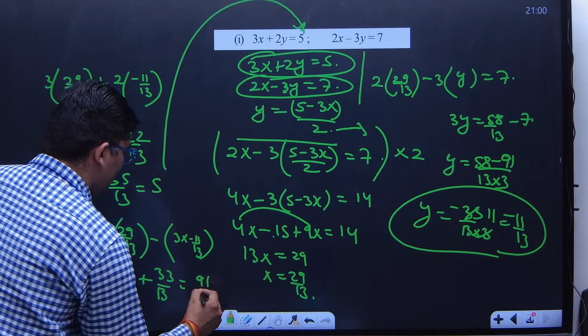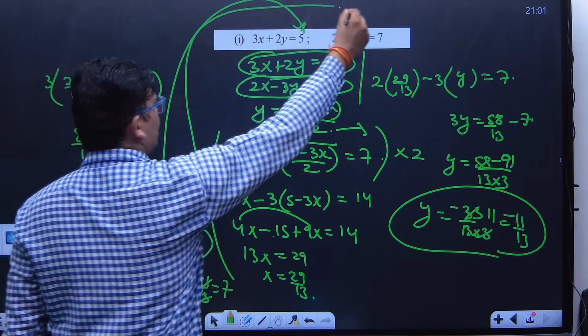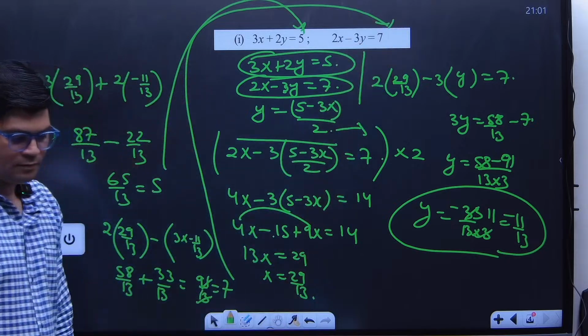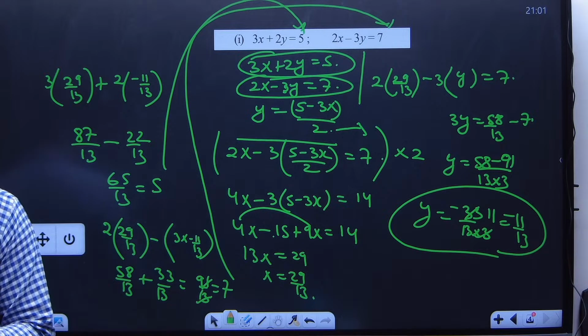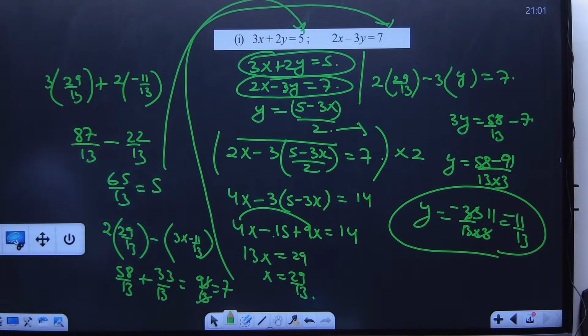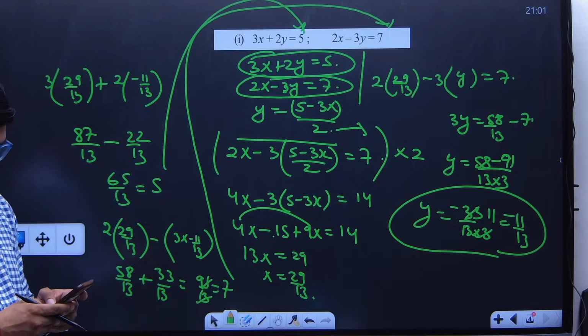So this is going to be 91 by 13, which is equal to 7, which is the answer for the second one. Right. Understood? Yes.